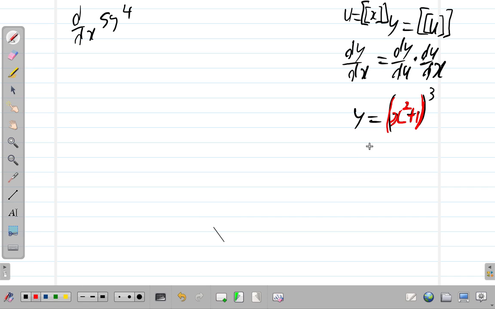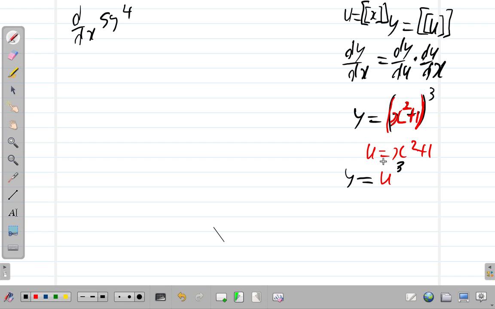Then you say u is equal to x squared plus 1, and then y is equal to u raised to the power of 3. So u is a function of x and y is a function of u. Even though you start out saying y is a function of x, you use substitution.